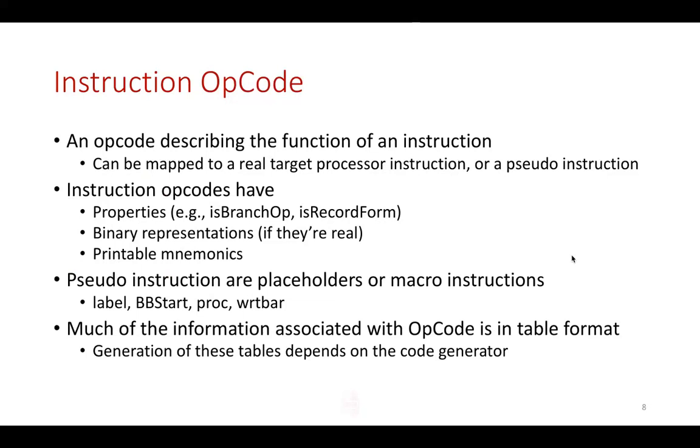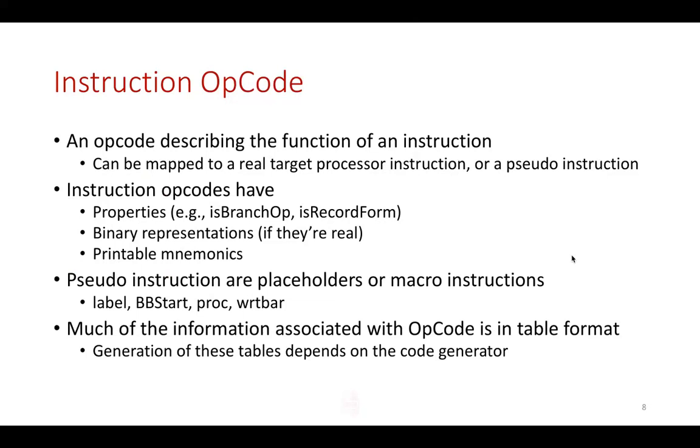Some of the metadata you can associate with an instruction opcode: they all have properties, answering questions like, is this a branch op? Is it a record form? If they're a real instruction, they will have a binary representation. And then they also have some printable mnemonics that are used when you're writing out to log files and stuff like that. So anytime that you're describing an instruction opcode, you're going to have to provide all of these different things.